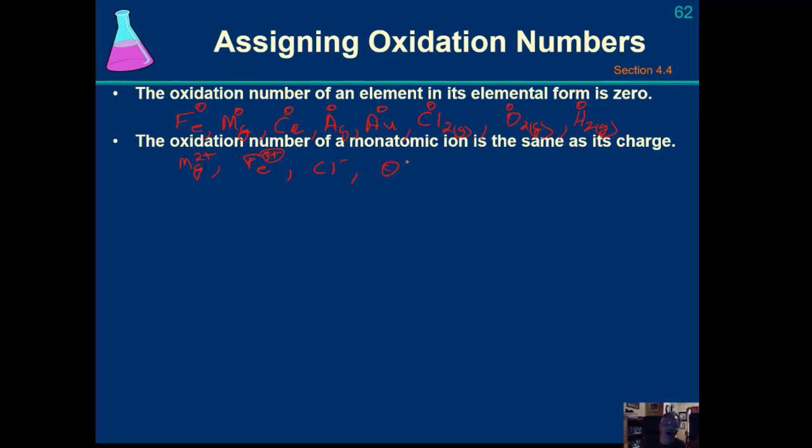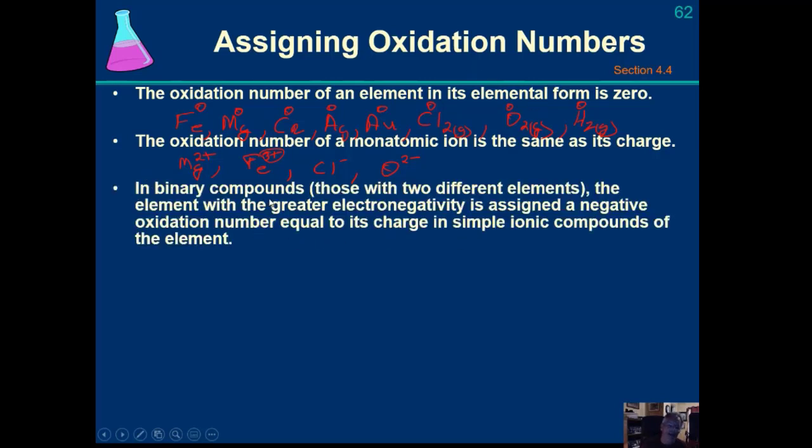Oxide anion with a -2 charge, that's its oxidation state. So the oxidation number of a monoatomic ion is the same as its charge. In binary compounds, those with two different elements, the element with the greater electronegativity is assigned a negative oxidation number equal to its charge in simple ionic compounds of the element.